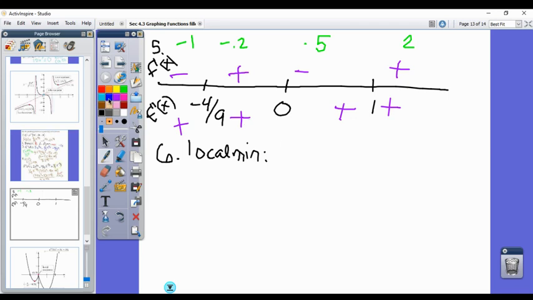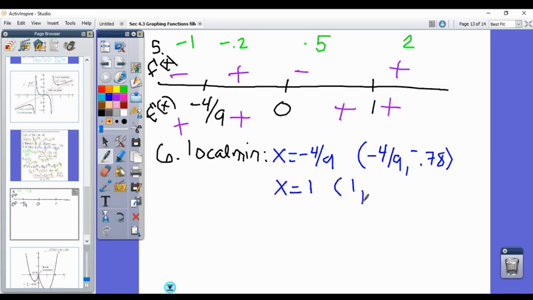So that is x equals -4/9. If I plug -4/9 into my original equation, I will get about -0.78 for my y. Then I'm going to also plug in 1 to my original equation, and for my y, I'm going to get about -1.9.